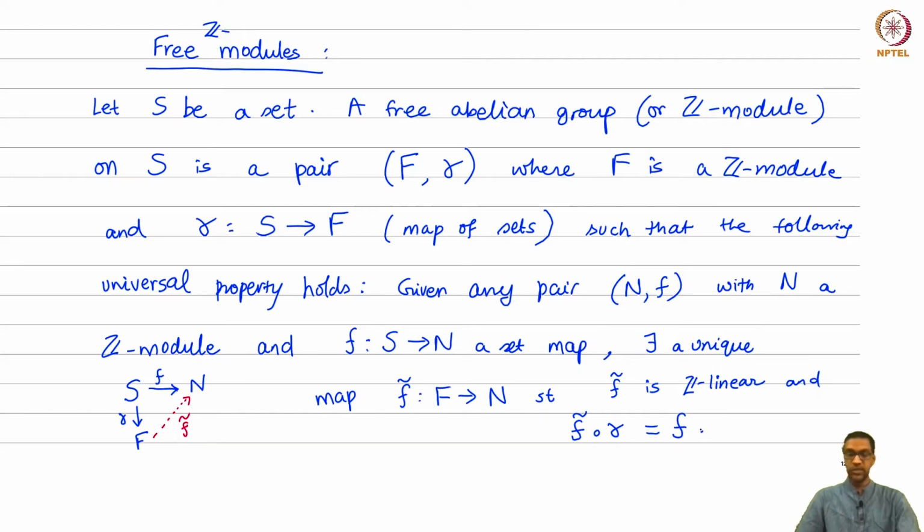Okay, so this is the definition, if you wish, of a free abelian group, which says that there should be a map firstly from the set to the group F, that map is gamma, such that given any other such map from the set to any other group, that map factors through F, which is exactly how we express this fact, that there is a unique map from F to N which makes the diagram commute.